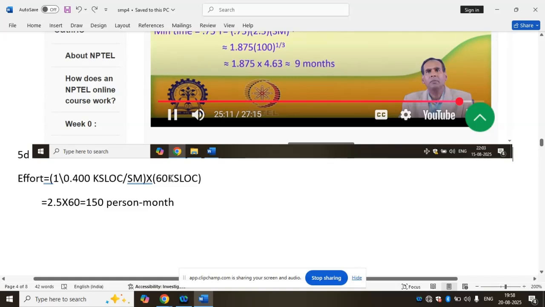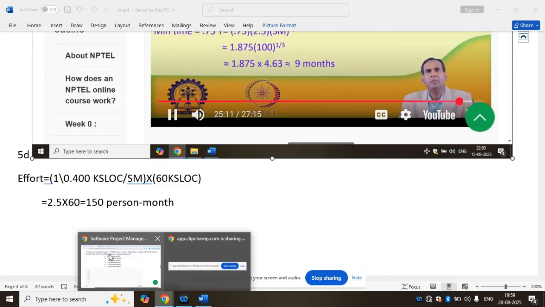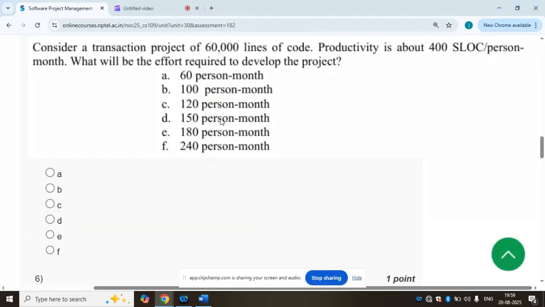Instead of 60,000 it is 60K SLOC. So therefore what we get, 1 divided by 0.4 is 2.5 into 60 is 150 person month. That is the answer. So we'll see the answer 150 person month. So option D, 150 person month.